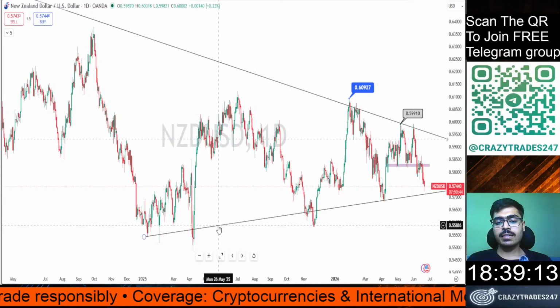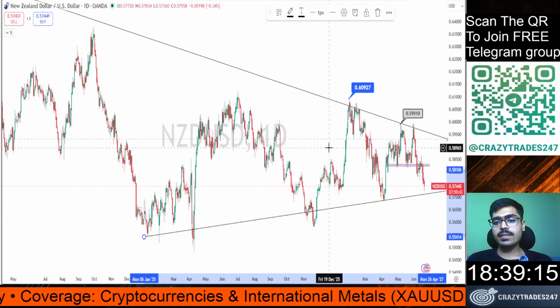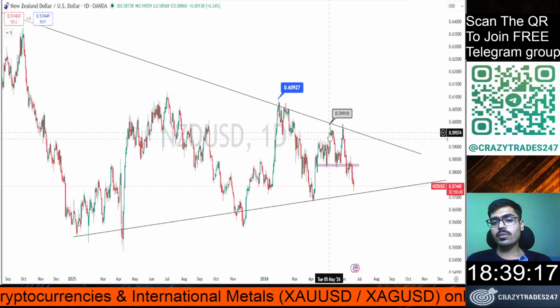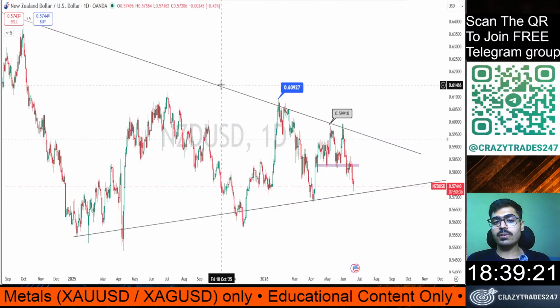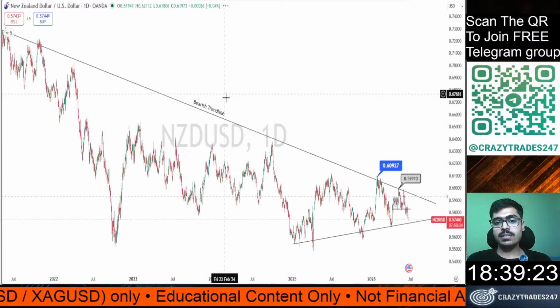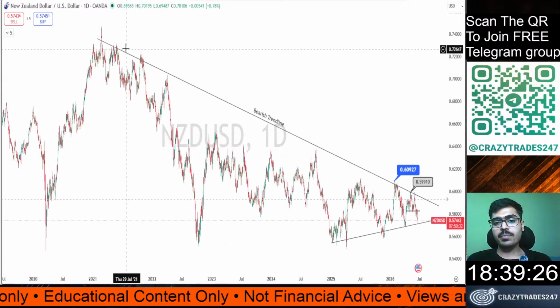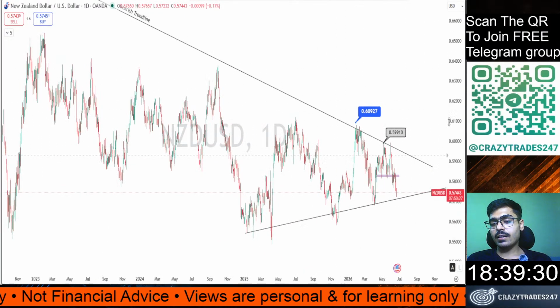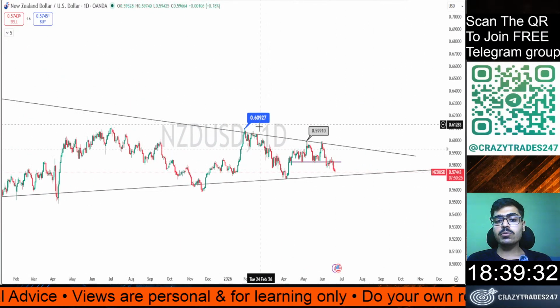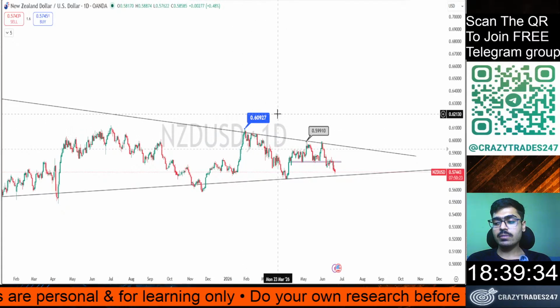Whenever price retests this rising trend line, it has a tendency to give an up move, but that up move is capped by this falling trend line. As you can see, all these up moves have been capped by this bearish trend line, and price is unable to give a breakout above this level.